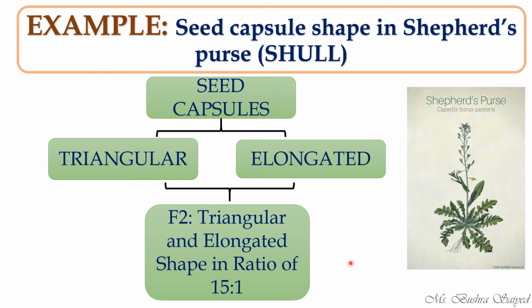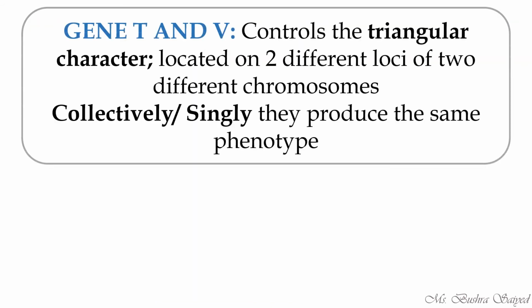The F2 generation, from this F1 generation, will give triangular and elongated shape in the ratio of 15:1. It means that there will be 15 of one particular character and one of the other particular character. Definitely we will be studying with the help of the dihybrid cross.